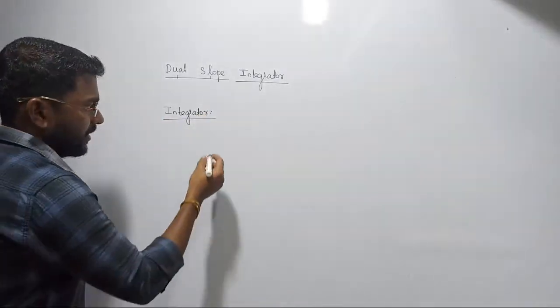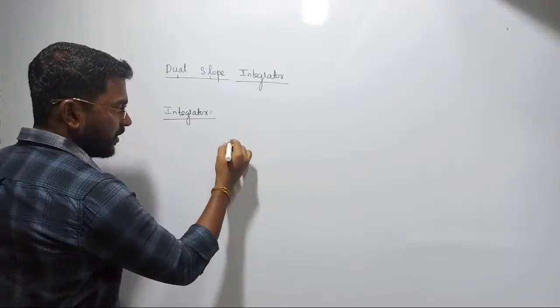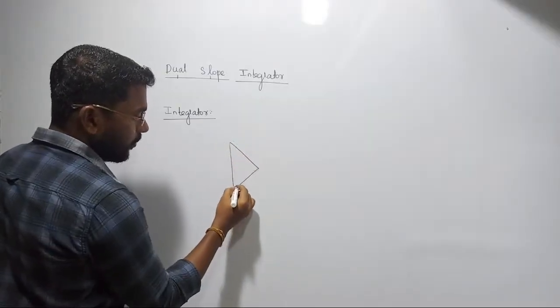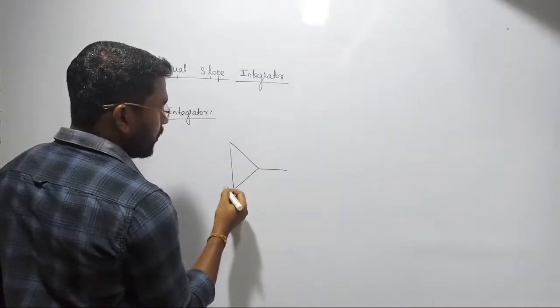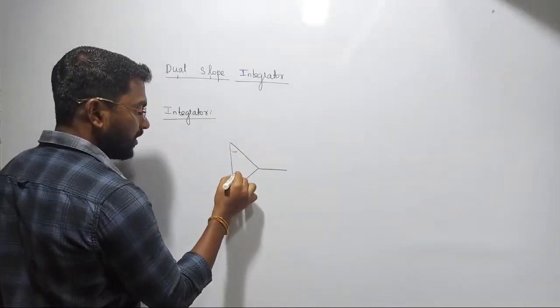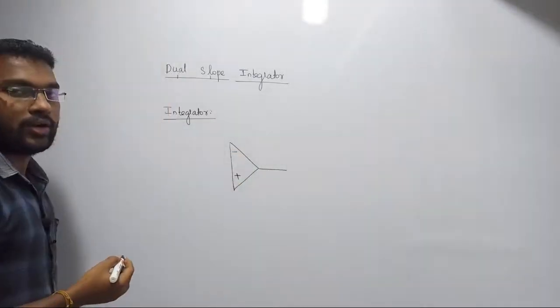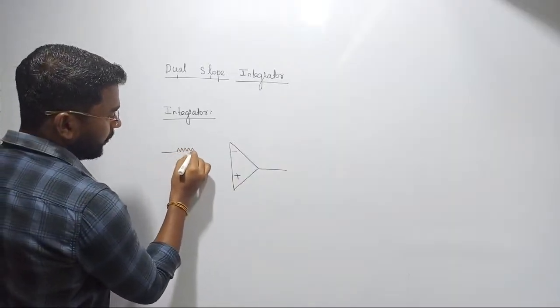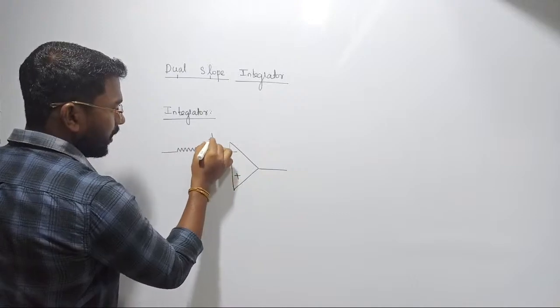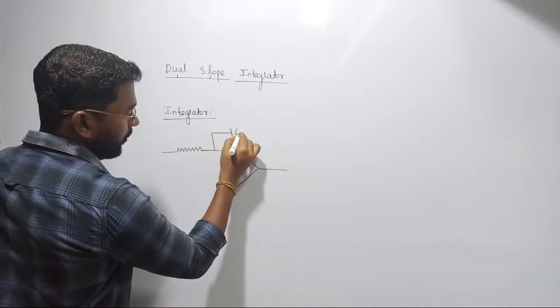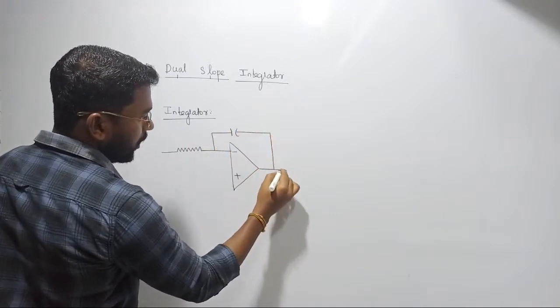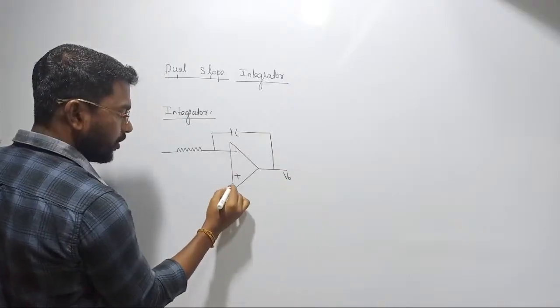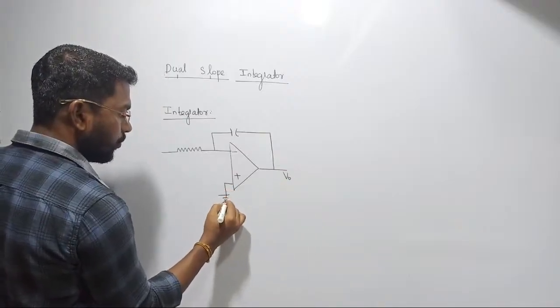Now, integrator means, let us take the operational amplifier. This is our op amp. Anyway, it has two terminals: one is the inverting terminal, another is the non-inverting terminal. Let me give the input to the inverting terminal, and here I'm going to get some feedback. And this is the point where we are going to receive the output, and let me connect the other terminal to the ground point.